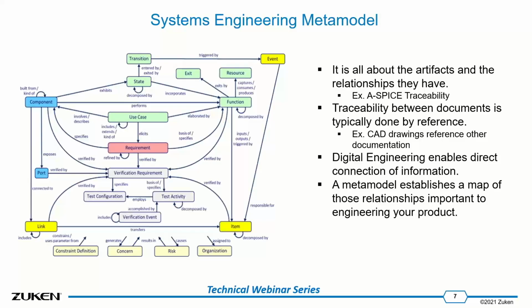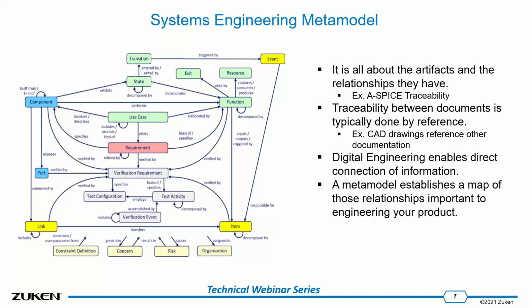An example of that would be CAD drawings having references to other specifications on them. You might do this as two disconnected Excel spreadsheets that have hyperlinks that connect columns between them. Or maybe they're not hyperlinks, they're just reference IDs from one spreadsheet to another.